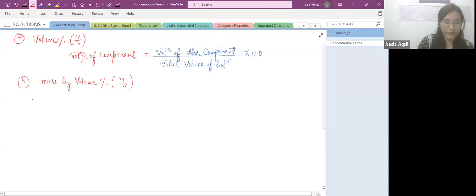So as the name says, it is defined as the mass of solute which is dissolved in, because in the denominator section it is volume. So what you have to take is volume, right? Dissolved in 100 ml of the solution.